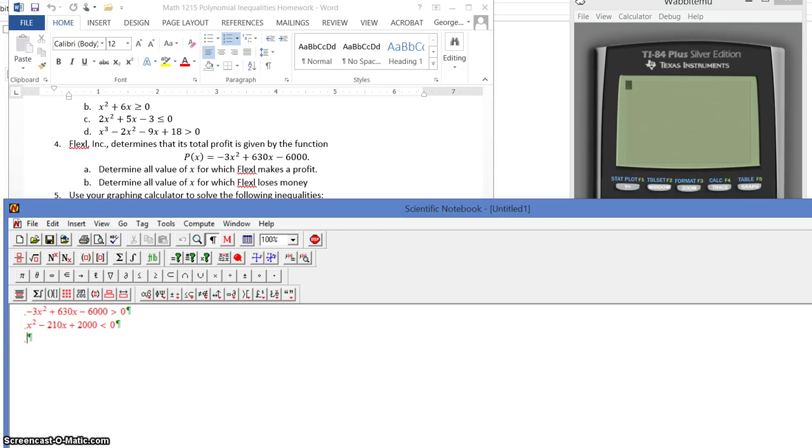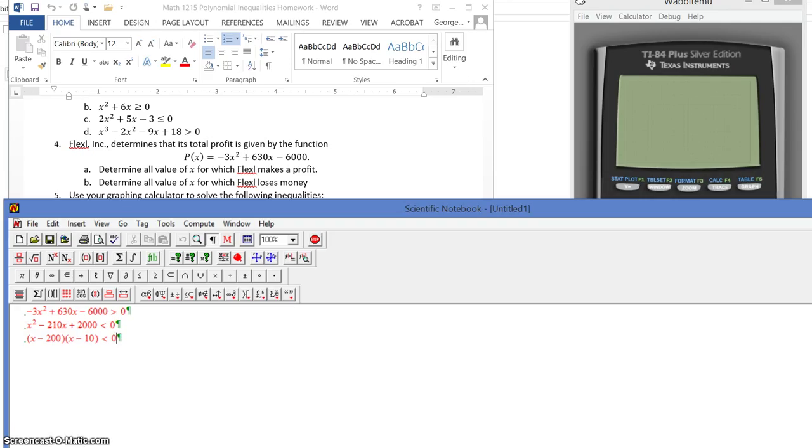Alright, then we ought to be able to factor. Looks like it factors as x minus 200 times x minus 10 less than 0. Alright, so that gives us our two split points. Our two split points are 200 and 10.